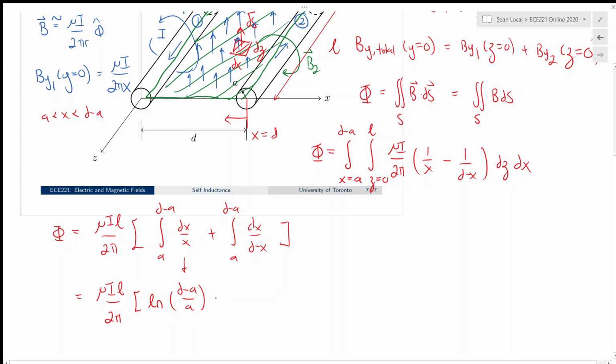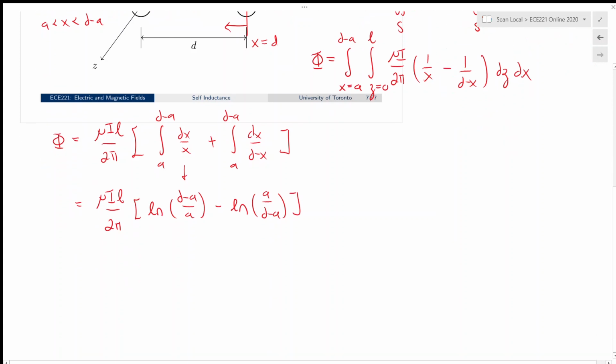That leads us to a result here of log of a over d minus a. We can simplify things a little bit because anytime we have a negative log, we can turn it into a positive log by taking the reciprocal of the argument. That's just the quotient rule for logarithms.